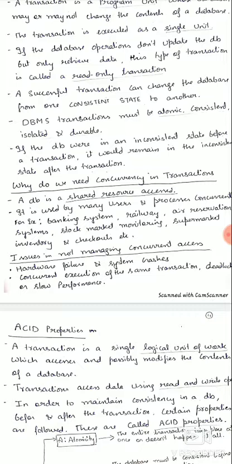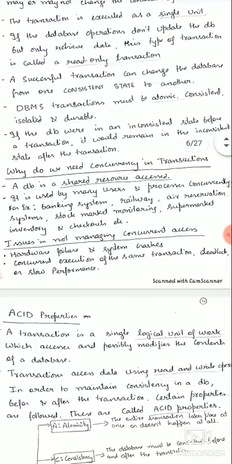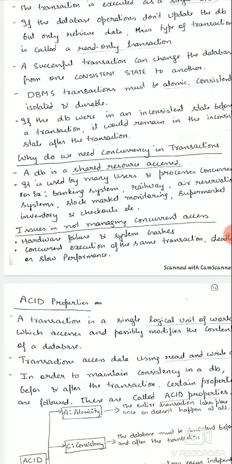In real time we have concurrency in most applications, for example banking systems, railways, air reservation systems, stock marketing, and supermarket inventory and checkout. You can write your own examples also, as there are many places with concurrency. So what issues are we going to face with concurrency?